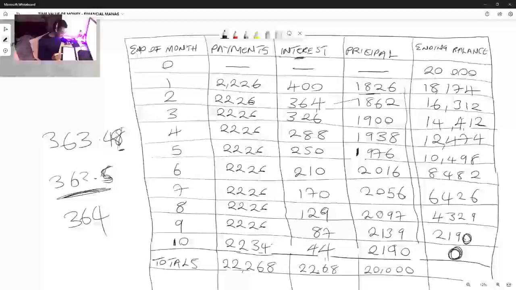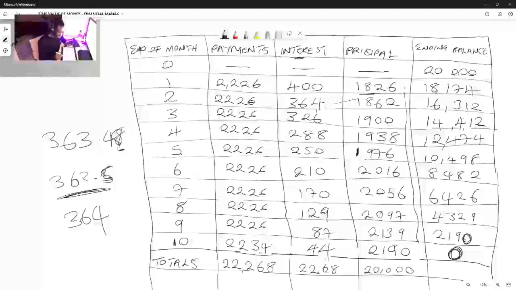Now, if we look at our interest, if we were to subtract our total interest from our total payments, what do we get? Let's do that. So 22,268 minus 2,268, which is our interest, we get our principal of 20,000.